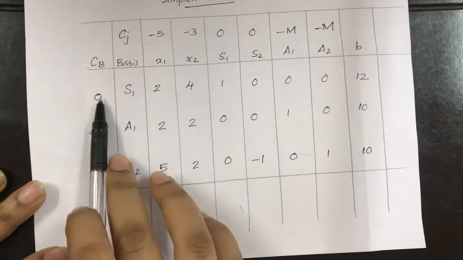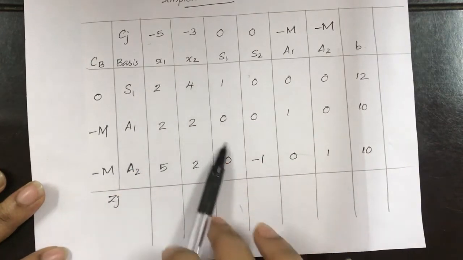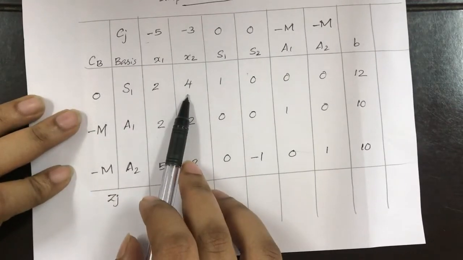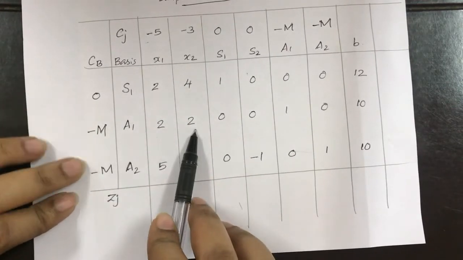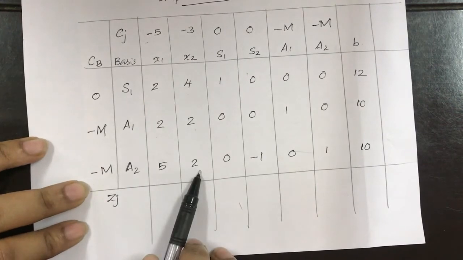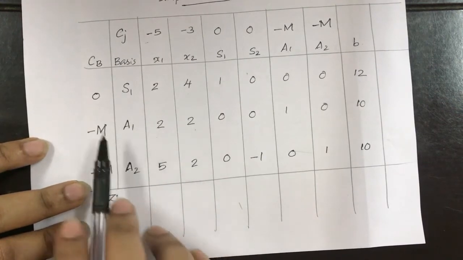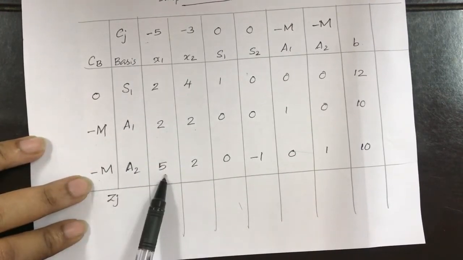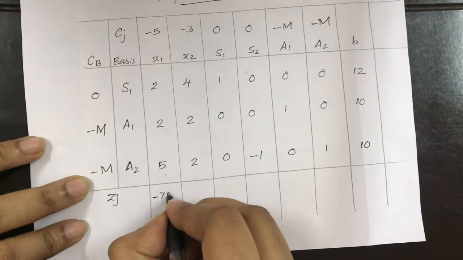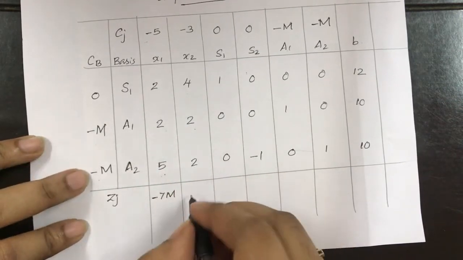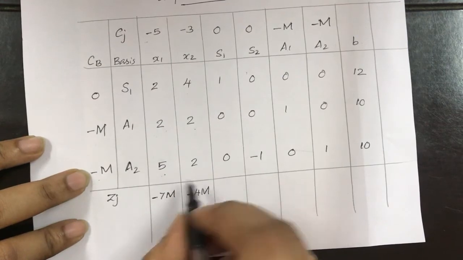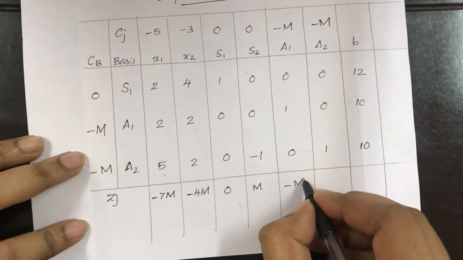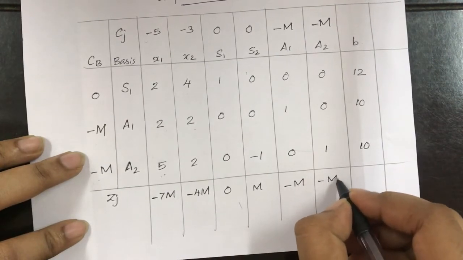Zj equals CB column vector into the corresponding column vector. So 0 into 4 plus minus M into 2 plus minus M into 2. So total minus 4M. Then 0 into 2 plus minus M into 2 plus minus M into 5, total minus 7M, here minus 4M, then 0, M minus M, again minus M.